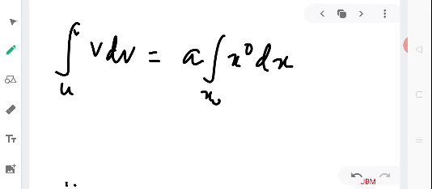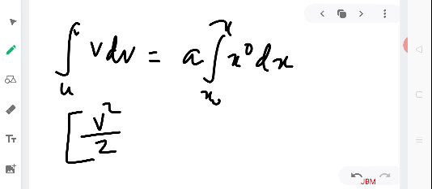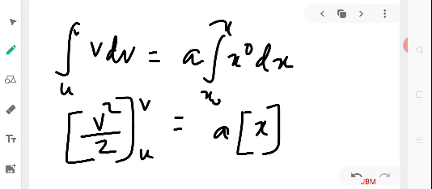This was the modification that I was talking about. So now let us straight away write down the result. This will become v square by 2 with the limits u and v, and this will become a x with the limits x0 and x.